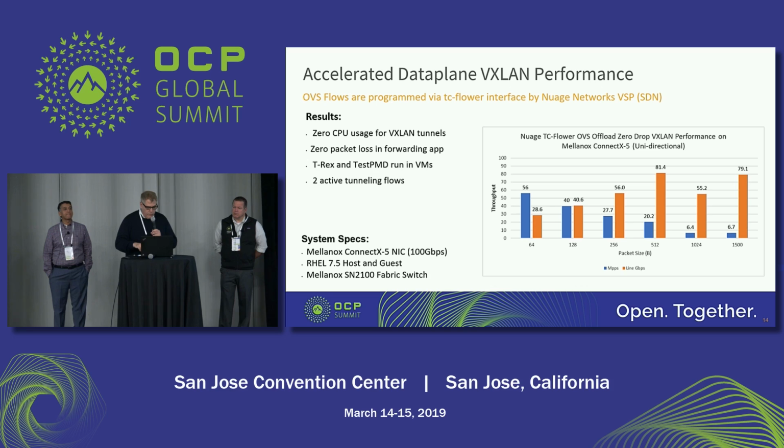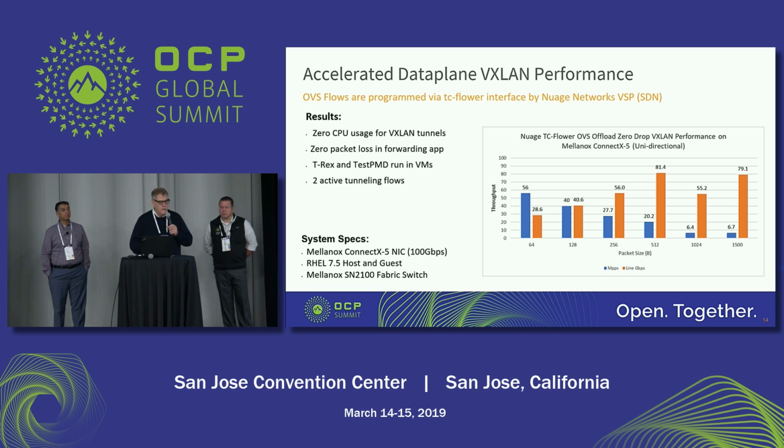So, for instance, for 64-byte frames, if you were doing real small messaging, you might have small frames. What we measured was around 56 million packets per second unidirectionally. So, if you think about it bidirectionally, that's well over 100 million packets per second, which is an insanely fast throughput, or a very high number of packets to process.